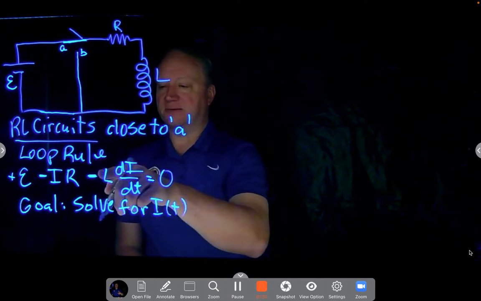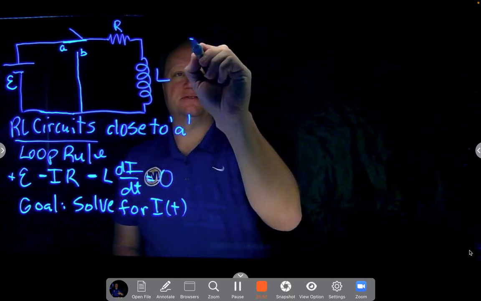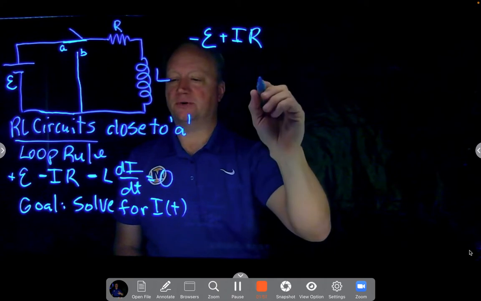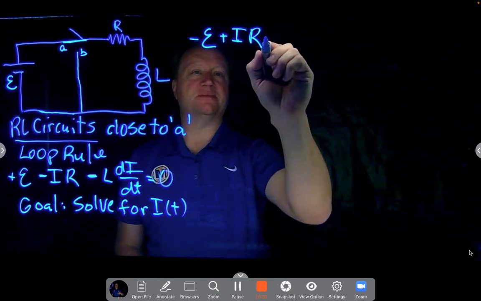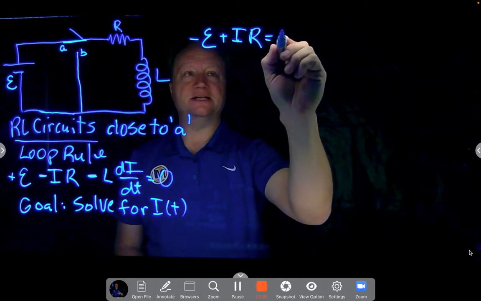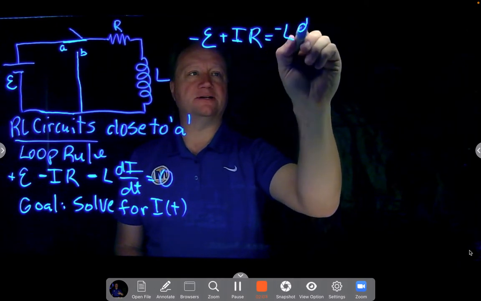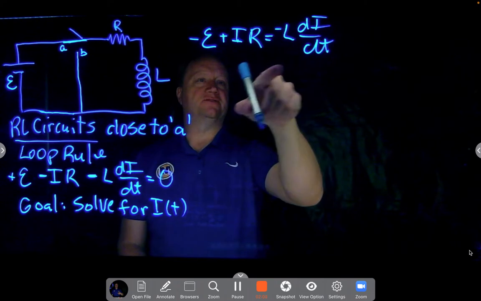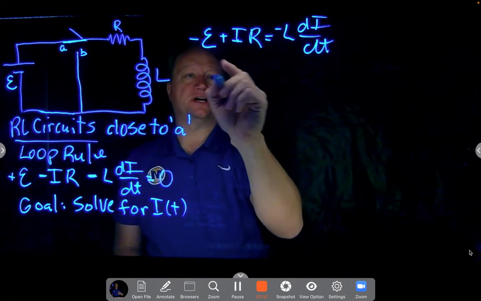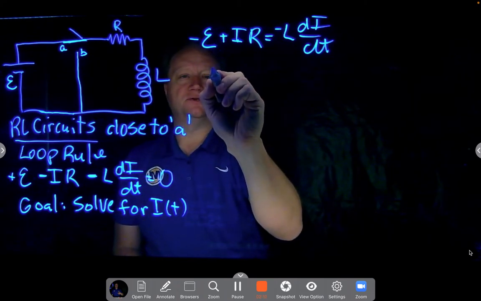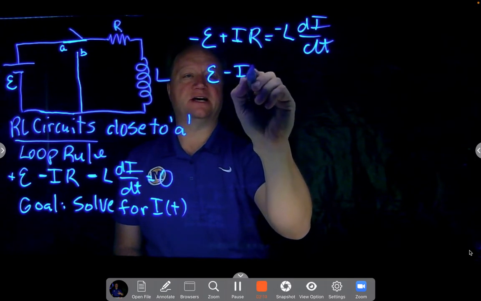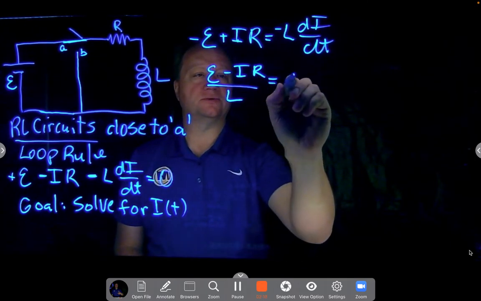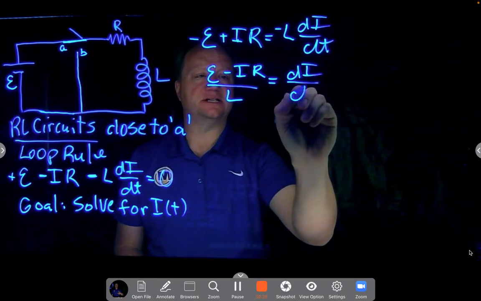I'm going to subtract the EMF and add the IR to both sides. So I get negative EMF plus IR is equal to negative L di/dt. I'm going to divide the negative L to the other side. That's going to flip my signs. So this will be EMF minus IR over L is equal to di/dt.